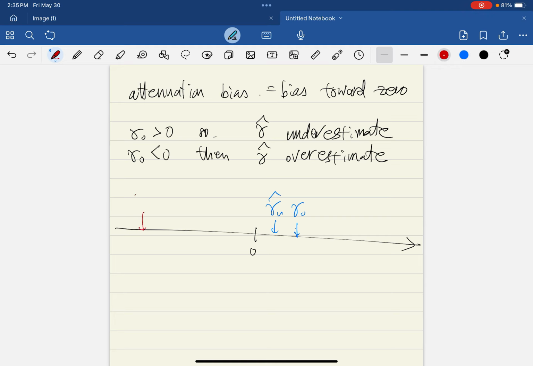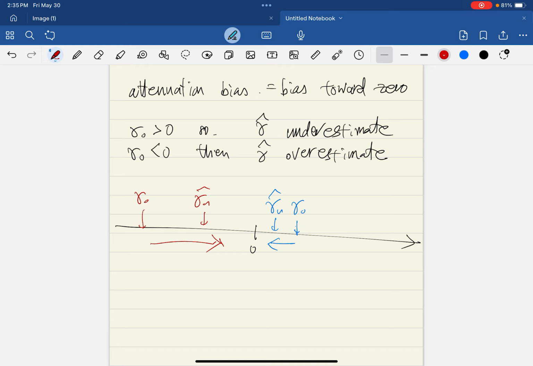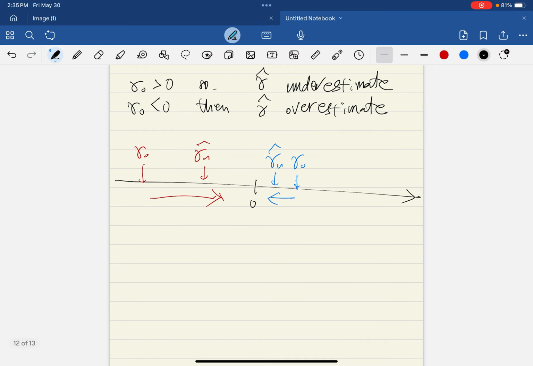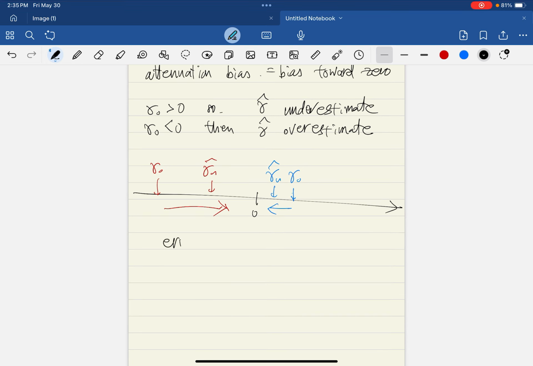But if your truth was negative, then your estimator will be here, overestimating. Okay, so in any case, it is biased toward 0. Okay, that's a typical pattern in phenomena when you have errors in variables.